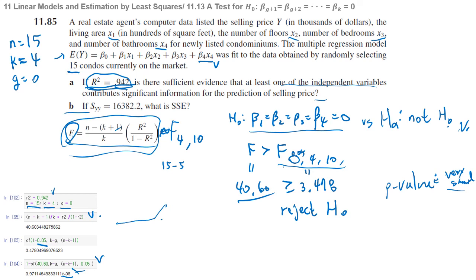Also, let's move on to part B. If SYY is equal to this value, what is SSE? We know R square can be written as this. So if we know R square and we know SYY, we can calculate SSE.